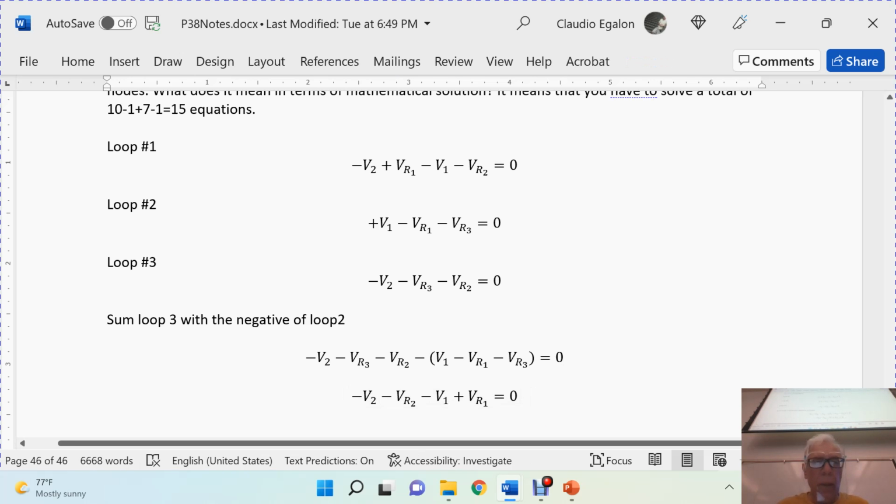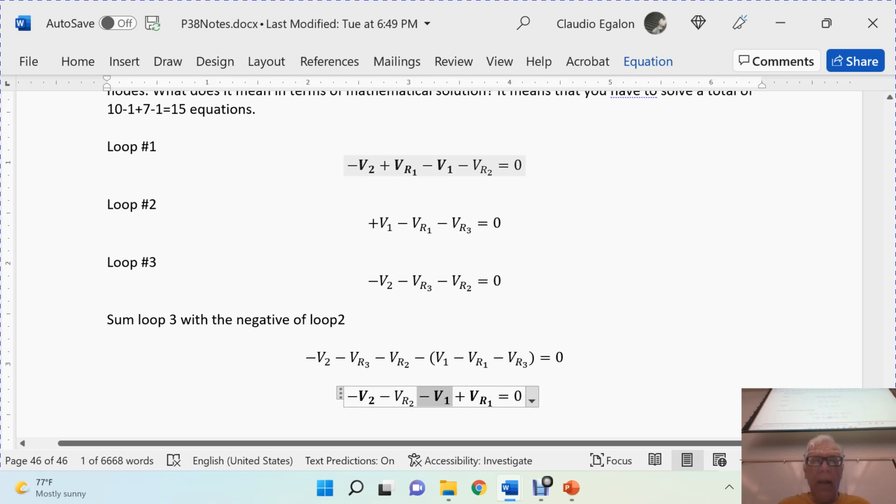We got minus V2, and we have minus V2 here, bold face. We have plus VR1 here, bold face, and we have plus VR1 here as well. We have minus V1 here, and minus V1 here as well.